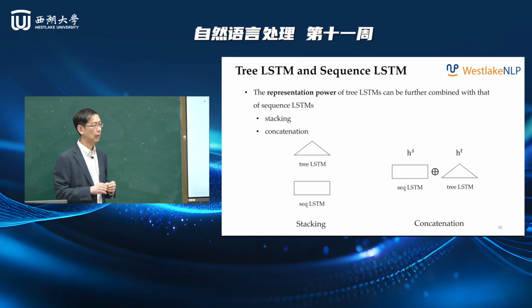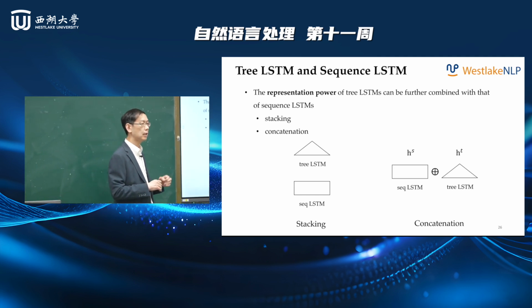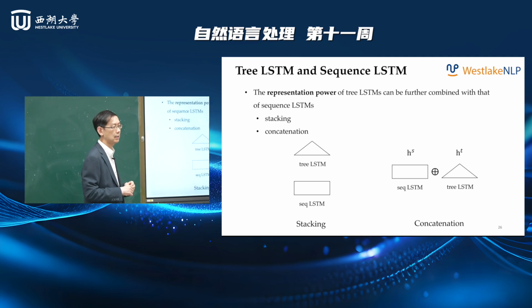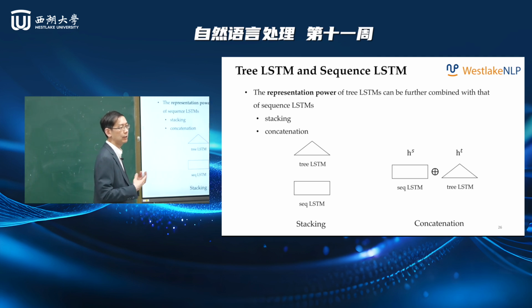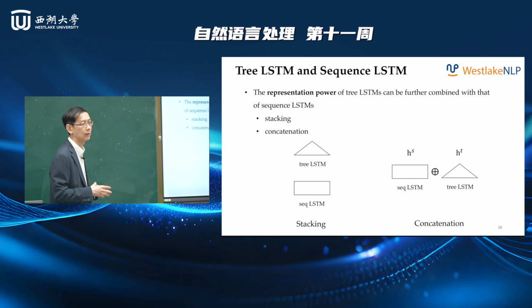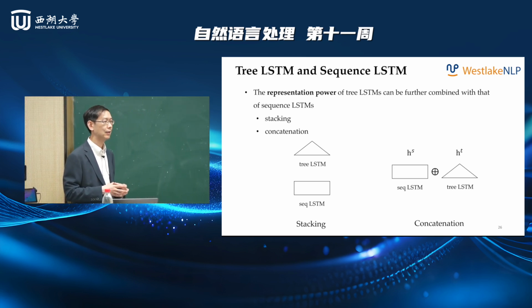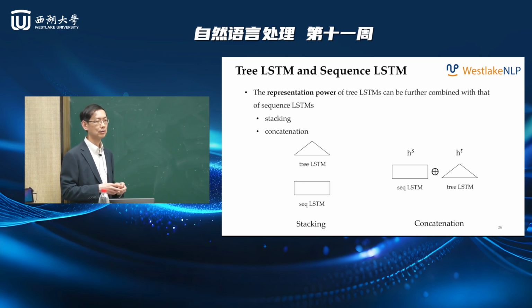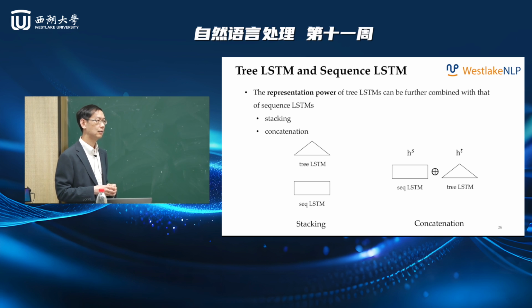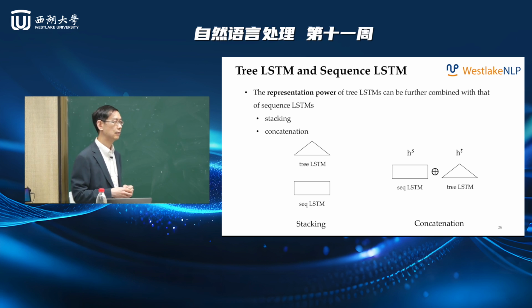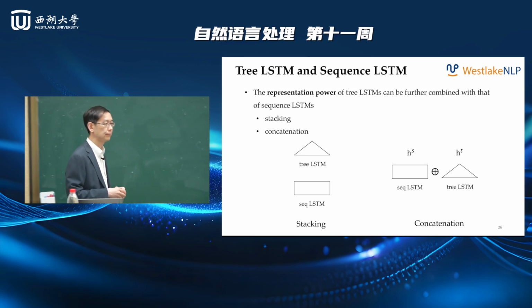Then you feed this hidden state into the tree LSTM to further extract the tree level features. This is called stacking. Can I stack a tree on top of a sequence? Yes, you can, but it's rarely used. I guess the results are empirical.